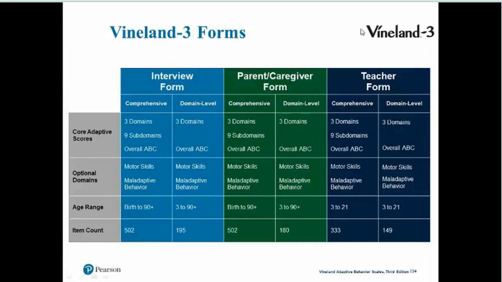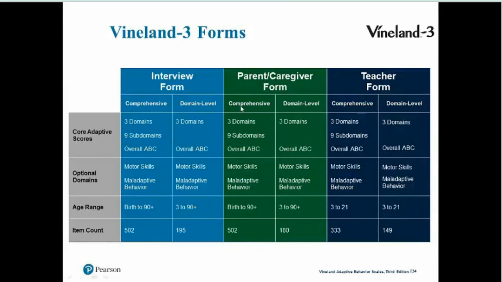The parent caregiver form is the questionnaire that the parent or caregiver completes themselves. And this is a good option for parents who have good literacy skills and have the time and responsibility to do the questionnaire themselves and to bring it back to you.